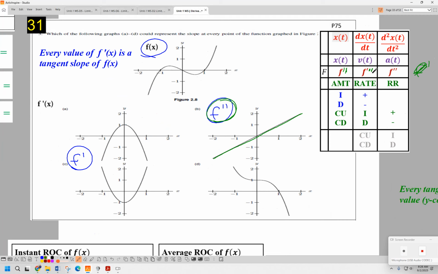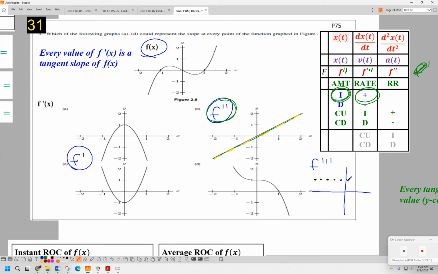And if f double prime's y values are steadily increasing, then every value on f triple prime must be a positive number. But Tom also noticed that the slope of this f double prime doesn't ever change. The slope is just always the same positive value. So if I drew an f triple prime graph, I would have nothing more than a bunch of dots where every y coordinate is just a positive number.